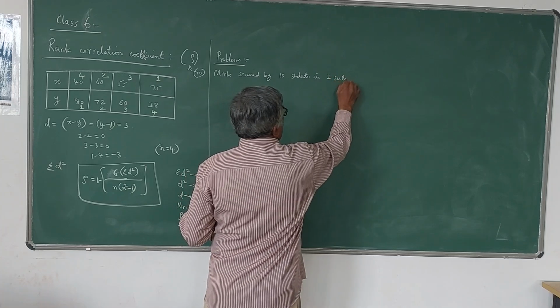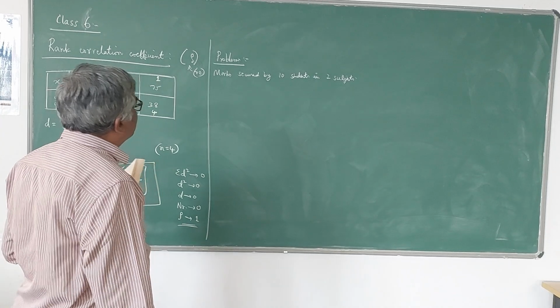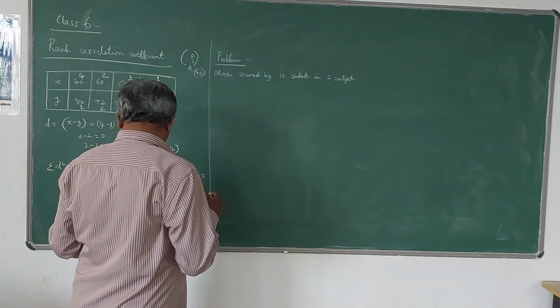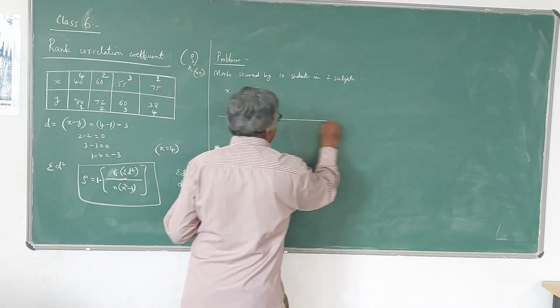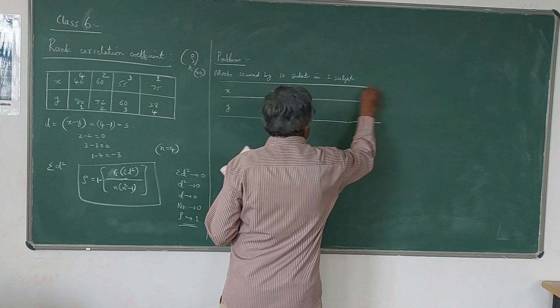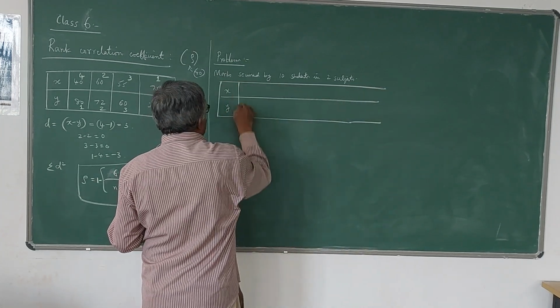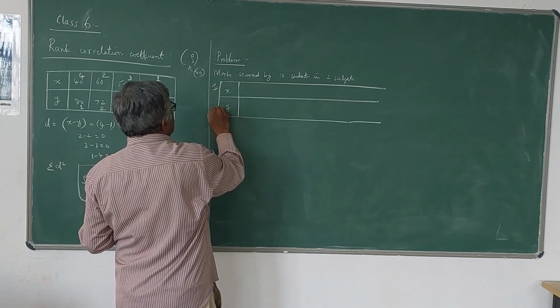X gives the marks secured in the first subject, and Y gives the marks secured in the second subject. Let me take the marks out of 100. So this is the data given.